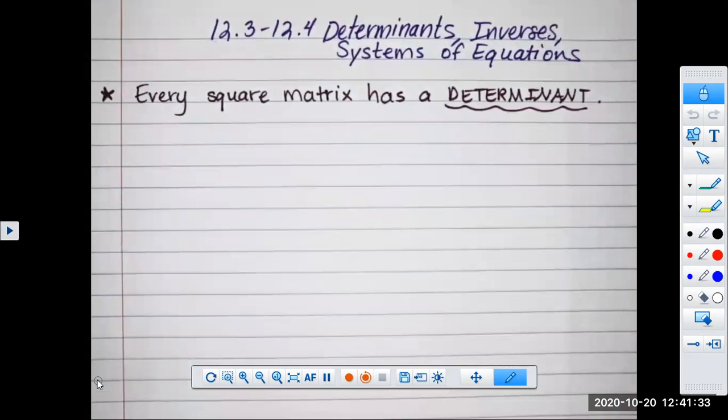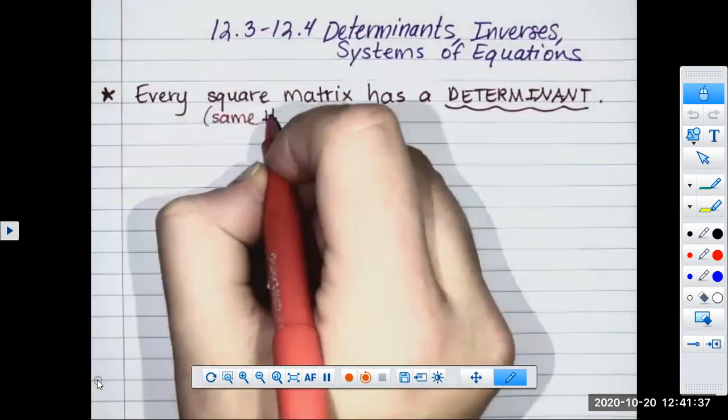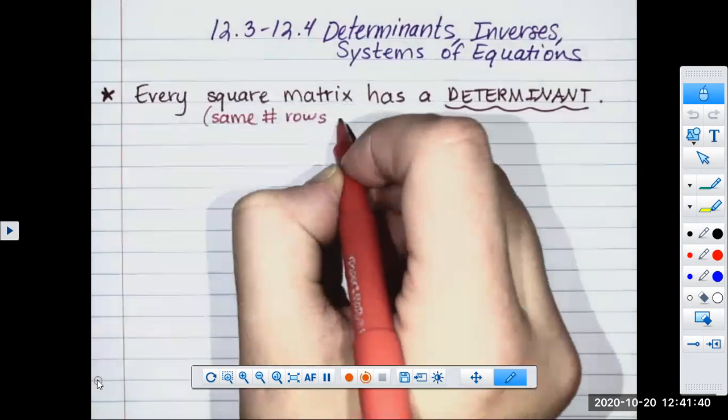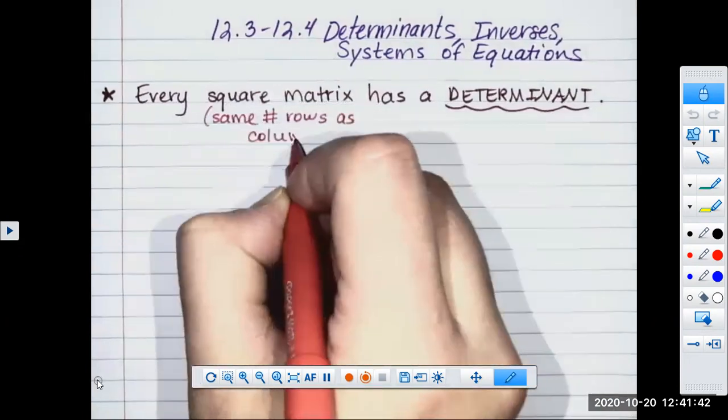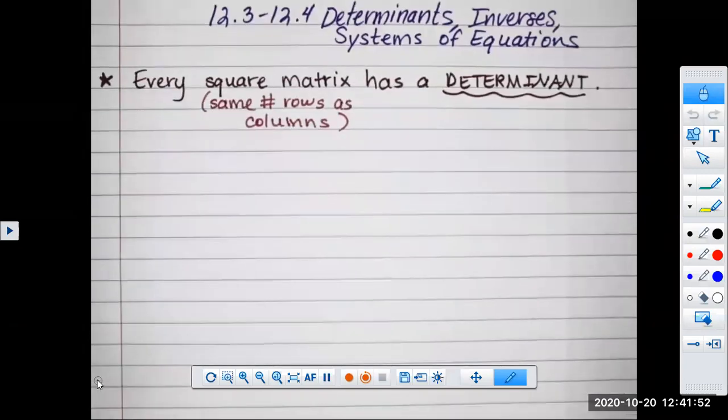A square matrix, of course, is where it's going to have the same number of rows as columns. So of course you can have a 2x2, 3x3, 4x4, and the larger the dimension gets, the harder it is to find your determinant. But today we're going to focus on a 2x2 and a 3x3.